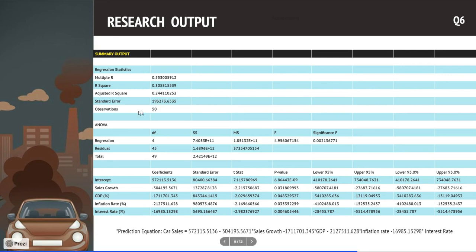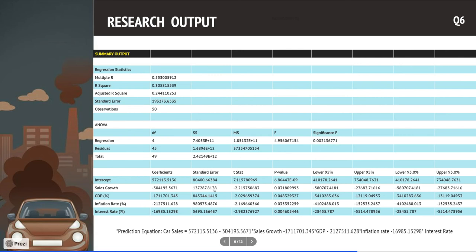And also we have the number of observations, 50, and the most important value is the significance F, which is 0.002136771. This is definitely lower than 0.05, so our prediction model is going to be significant.